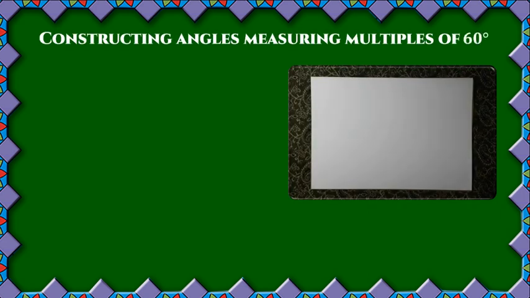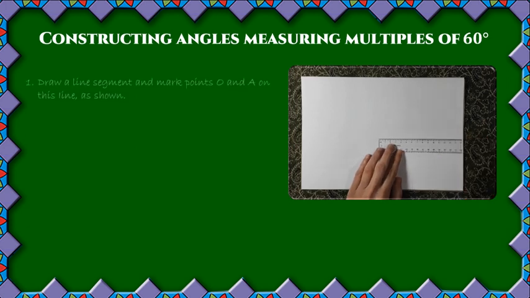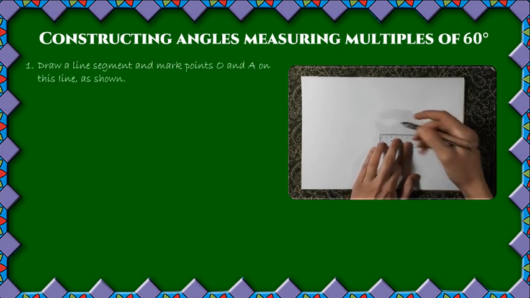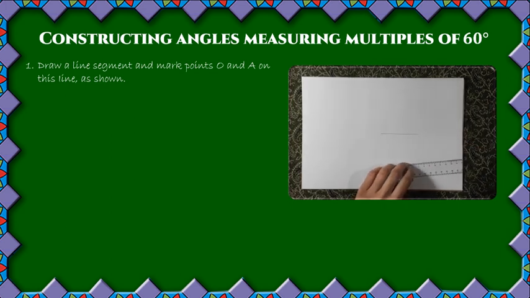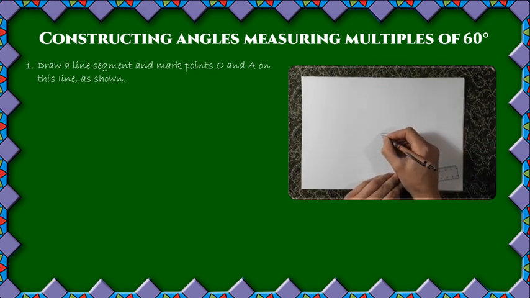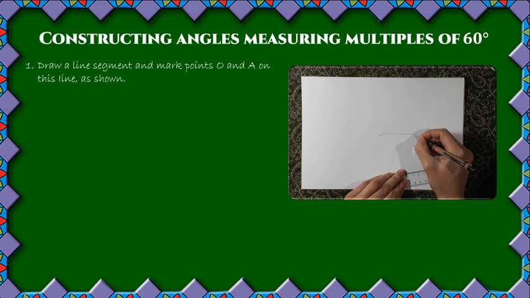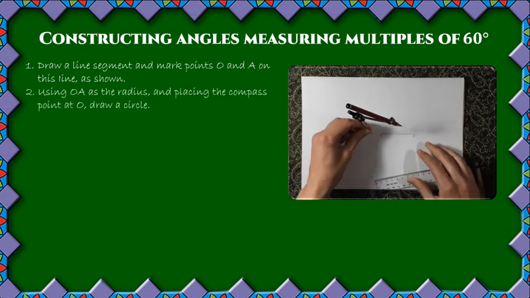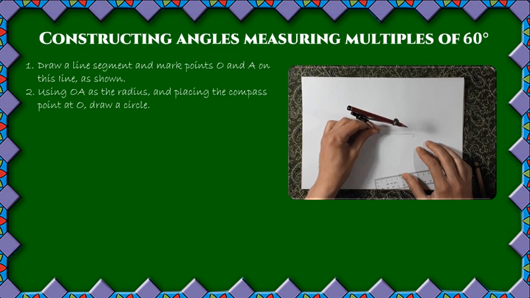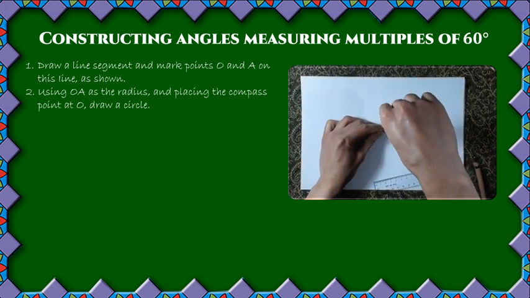Now constructing angles measuring multiples of 60 degrees. Draw a line segment and mark points O and A on this line as shown. Using OA as the radius and placing the compass point at O, draw a circle.